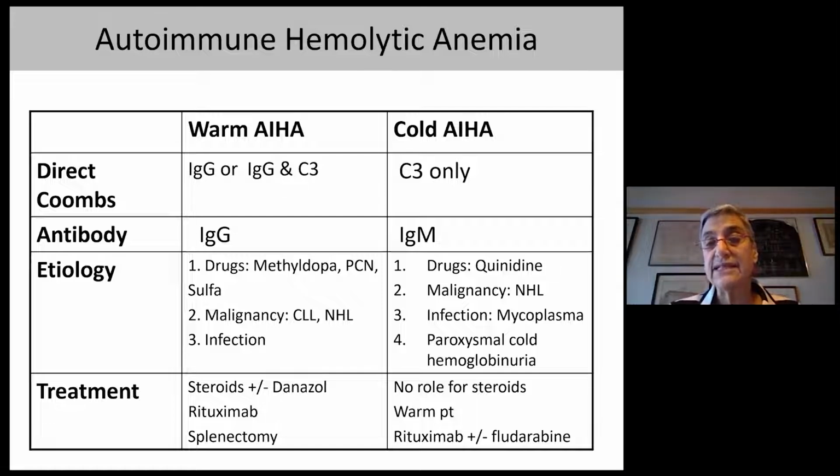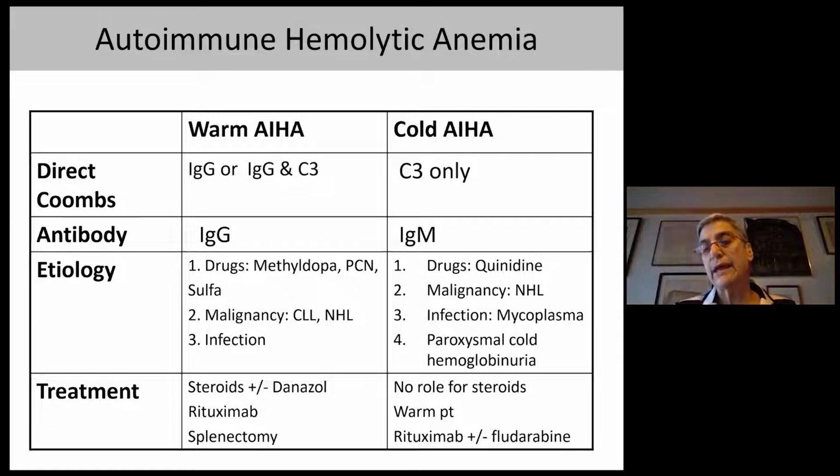It's important to distinguish that from anemias in which the direct Coombs shows only C3 on the cells. Those are typically cold antibodies, as we refer to them. They're usually IgM antibodies. They bind in the cold, which is why it's called cold autoimmune hemolytic anemia. They bind in places where the temperature may be a little bit lower.